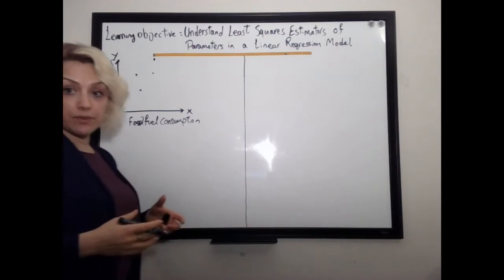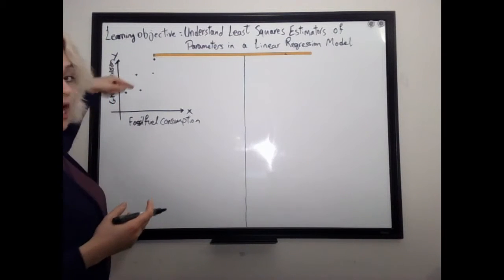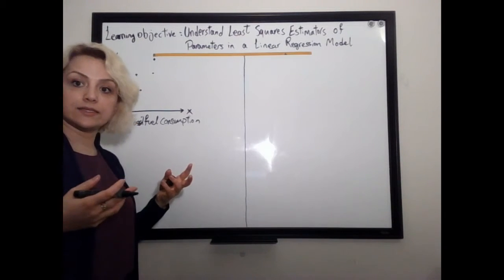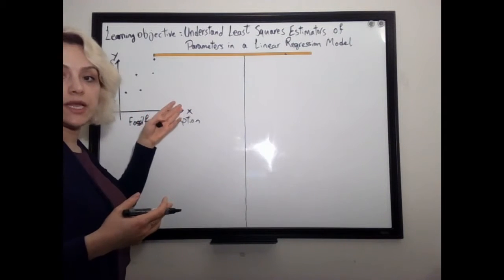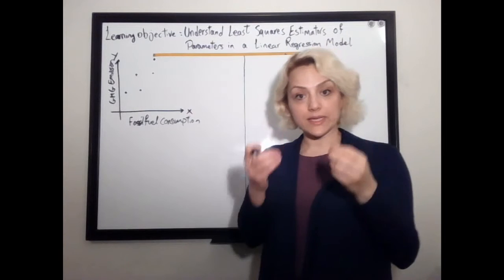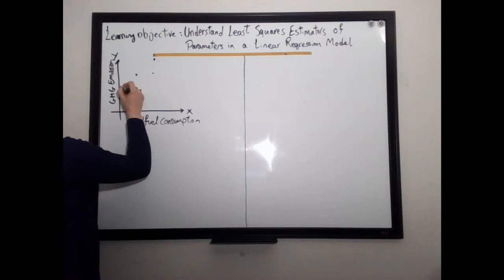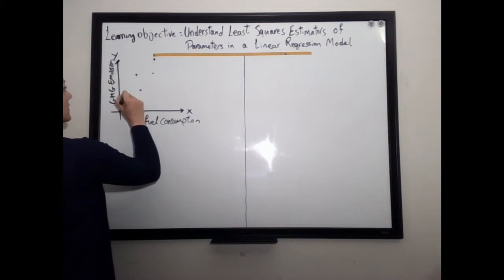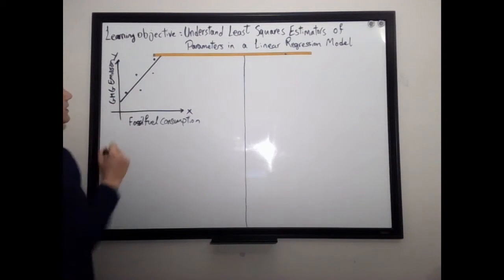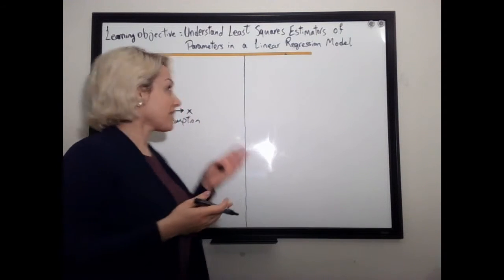With a regression model, in fact, we want to find the regression line which would represent this data. With the least square method, we try to find the best regression line. So let's have a line like this, and let's assume that this is the best fitted model.